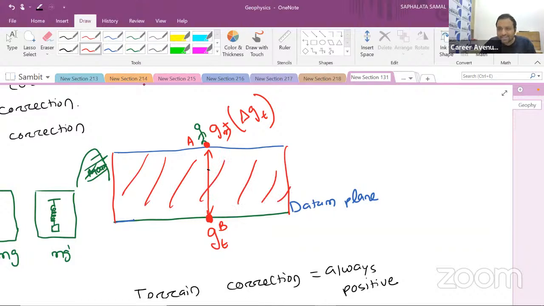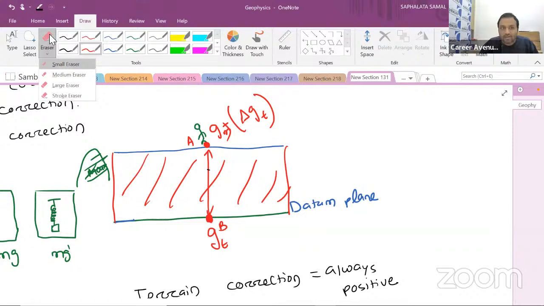This mass is again trying to pull the spring towards itself. It is the extra mass between the datum plane and the station. To remove the effect of the mass, I have to subtract some value in this case. Why? Because the value of g that is measured is actually more than it should be.